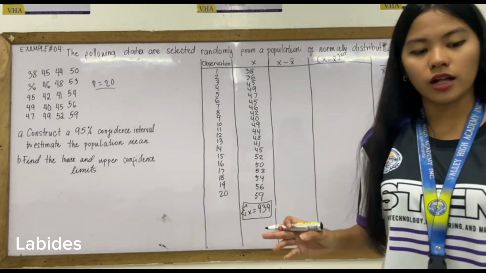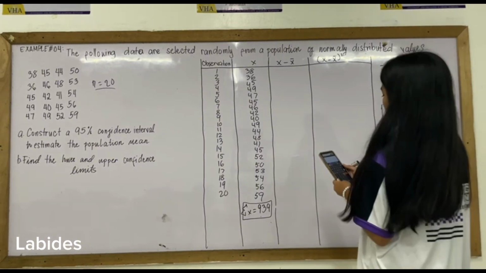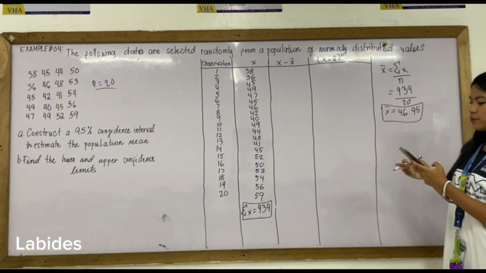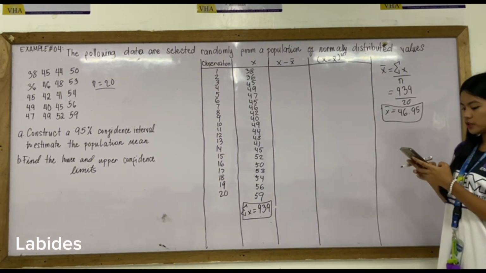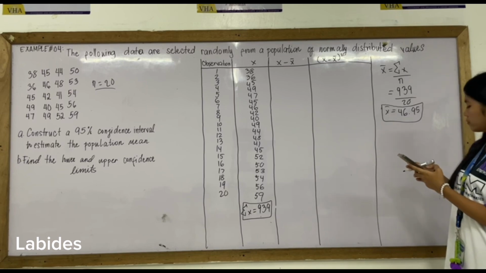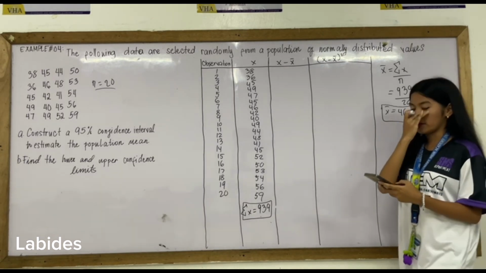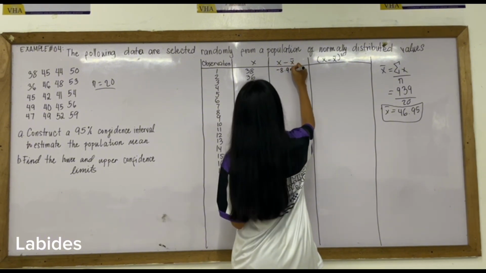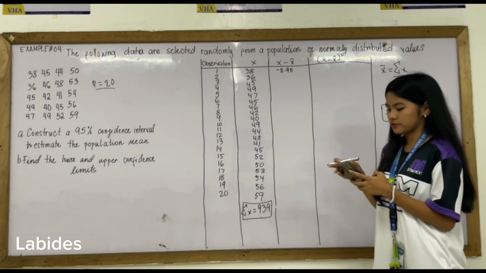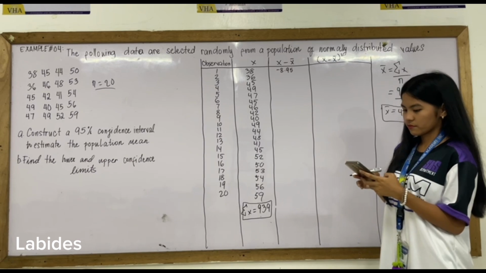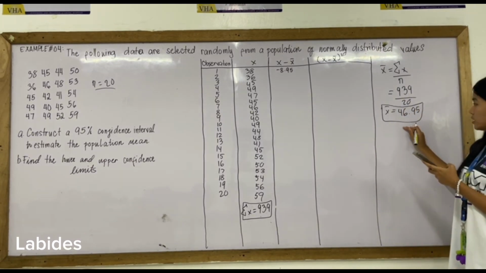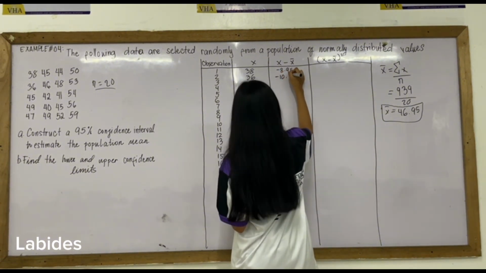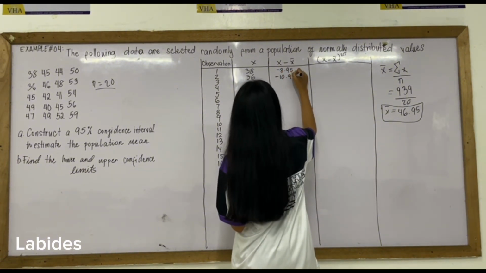So using our calculator, first we have 38 minus our sample mean, which is 46.95. So we have negative 8.95. Next, 36. 36 minus 46.95 is equal to negative 10.95.